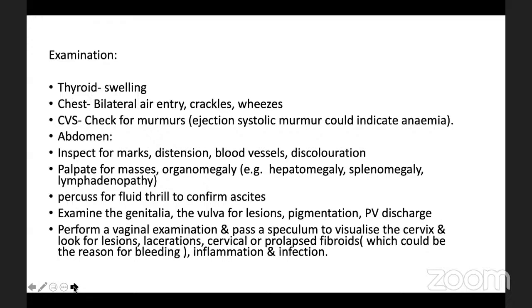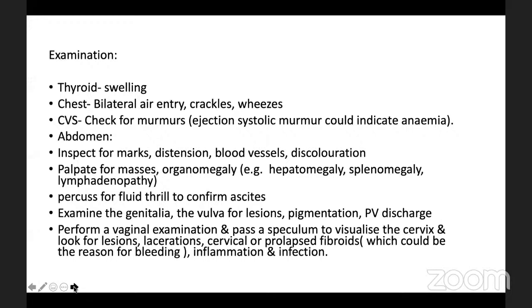We then palpate for masses, organomegaly, hepatomegaly, splenomegaly, and lymphadenopathy as well. Most of all, in gynae, we look for masses, so we're talking about a multifibroid uterus or probably an ovarian mass. And we know that patients who present with ovarian malignancy or pre-malignancy, most of them would also have ascites. So that's when we're going to percuss, do a fluid thrill and confirm ascites. Then from there, we need to examine the genitalia.